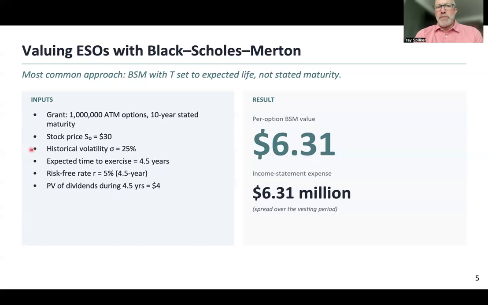And through some sort of empirical observation at the company level, you might estimate that the expected time to exercise is somewhere in the 4.5 year time range. So if you look up a corresponding risk-free rate for that time period, a 4.5 year discount rate, as it were, let's call it 5%.